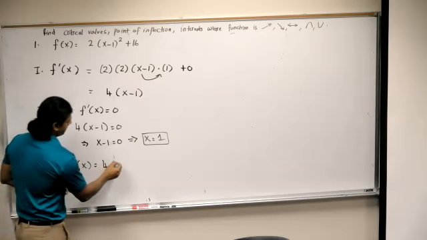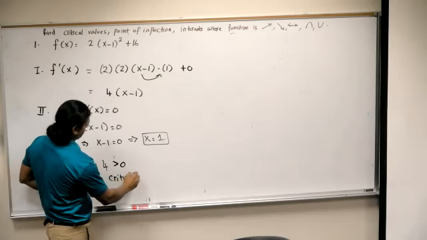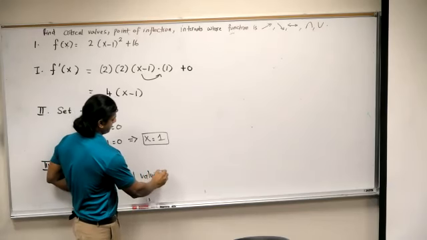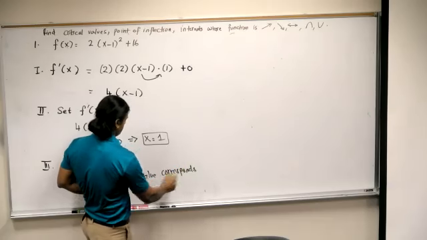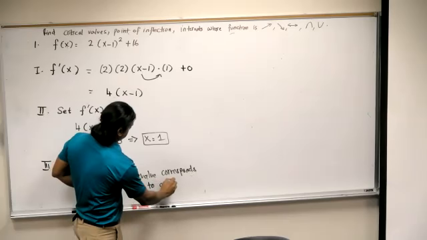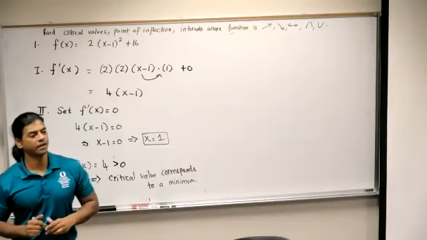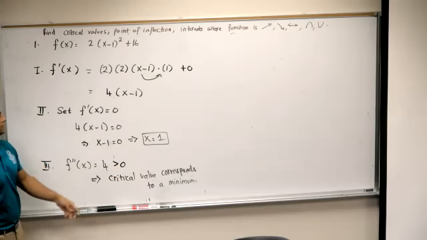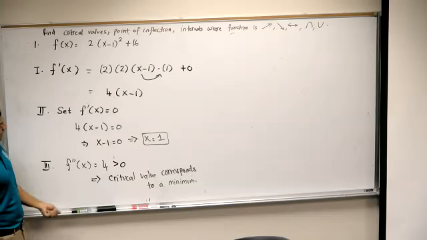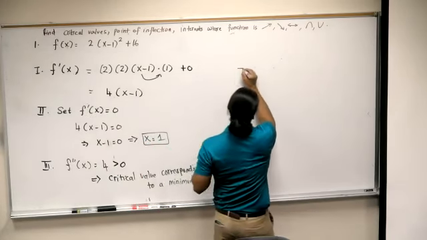So this simply tells me that the critical value corresponds to a minimum, because this doesn't depend on x, so no matter what value I plug in, it'll always be bigger than 0.